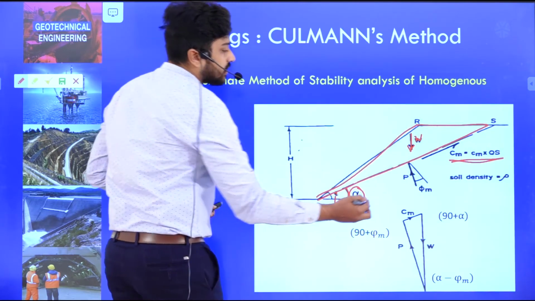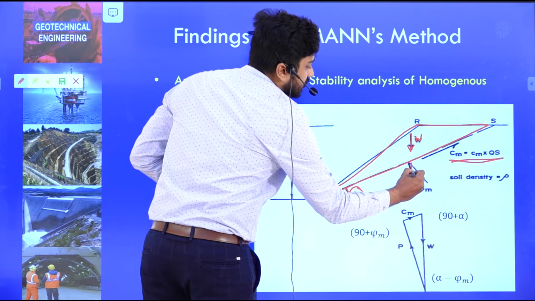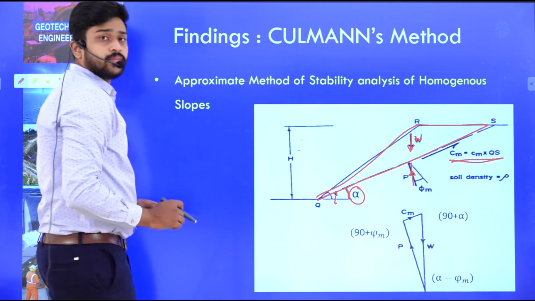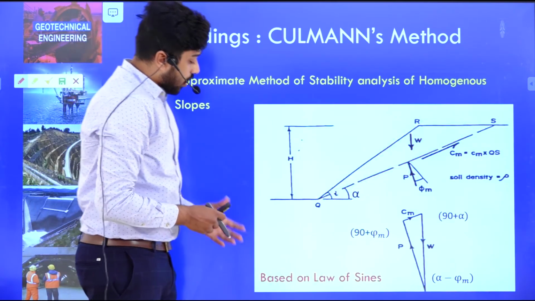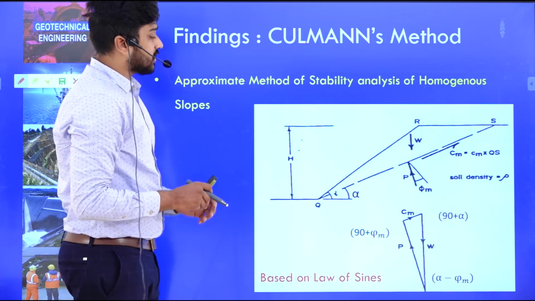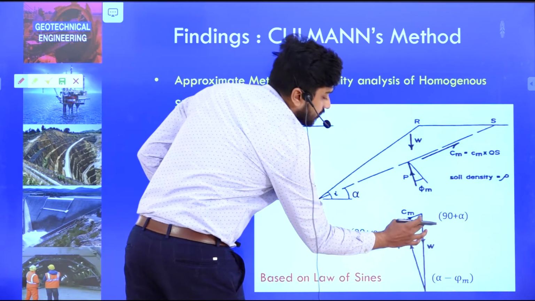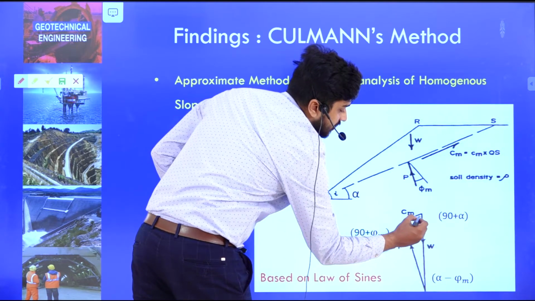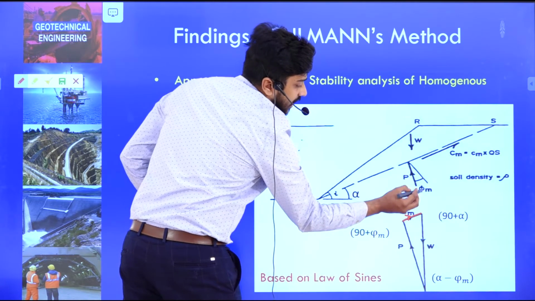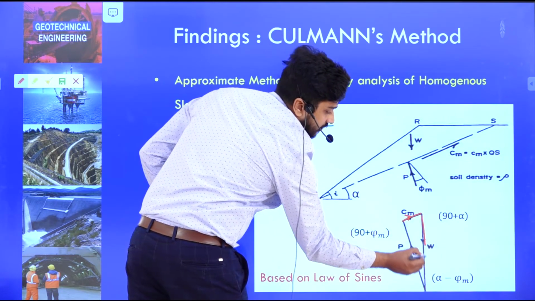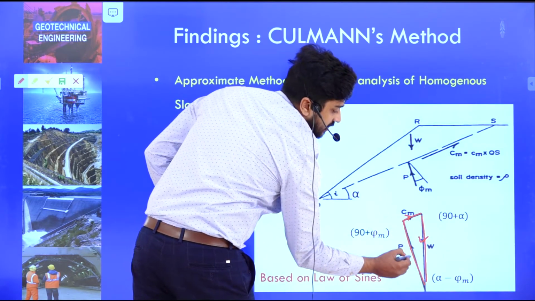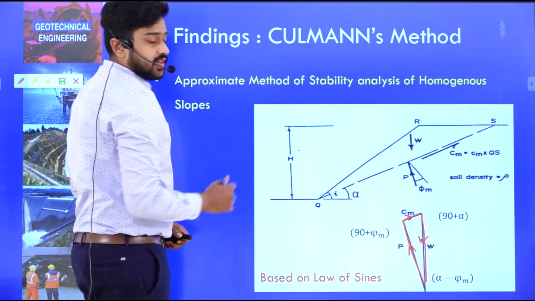Let us say this P is the resultant which is acting in this direction and normal to this inclined plane. Okay, so based on the law of sines, we can consider this triangular form of forces with respect to the cohesion C intercept along this direction and the weight W in the vertical direction, and the resultant of these as P in the other direction.